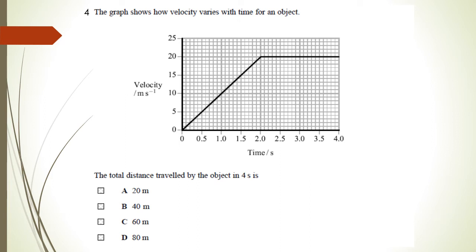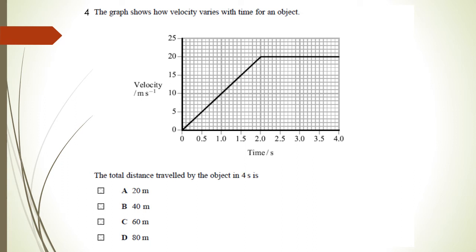And next for the rectangle. The area of a rectangle is base into height. Here height is 20 and base is 2 to 4 second, which means it is 2 second. So 2 into 20 is 40. 40 plus the triangle area we already calculated, that is 20.